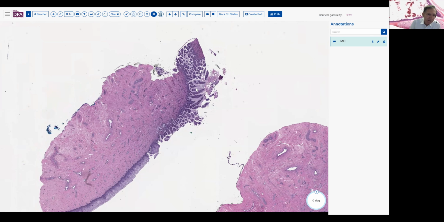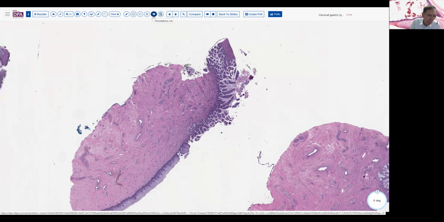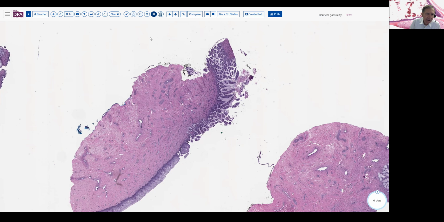This would be P16 negative. Conceivably, some of the MUC stains could be seen in this lesion that would identify it as having a gastric phenotype.